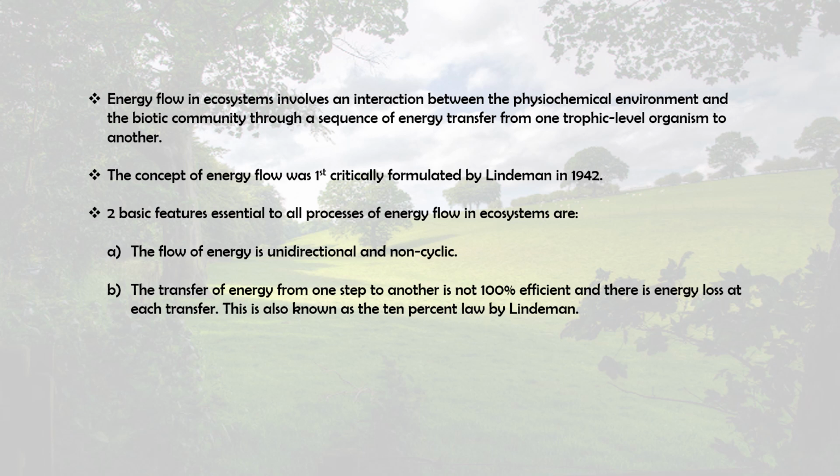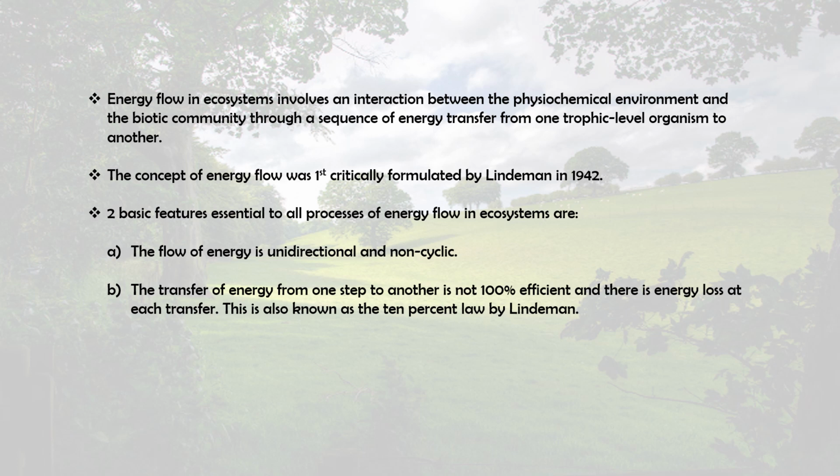It's not a cyclic process where the energy is then given back to the producers, because when the herbivore eat a plant, they actually eat the whole part, like leaves, and then the leaves are digested by herbivore and the energy is assimilated within it, and the carnivore eats the herbivore, gets the energy from the herbivore. So this process carries on.